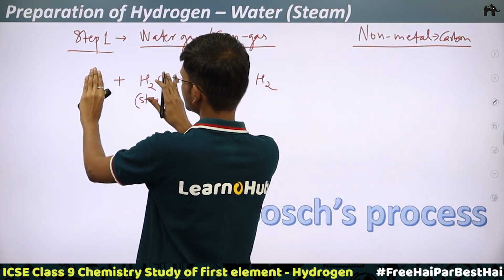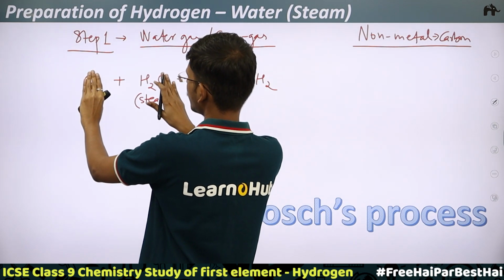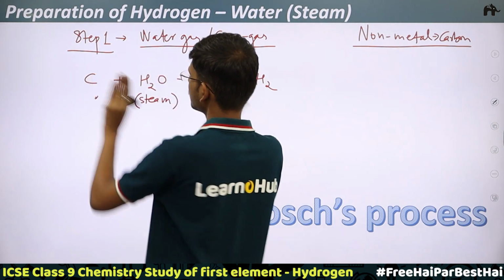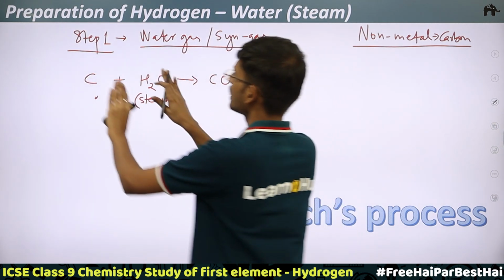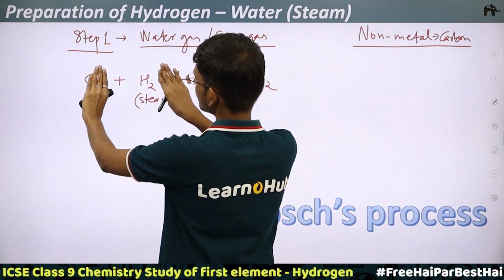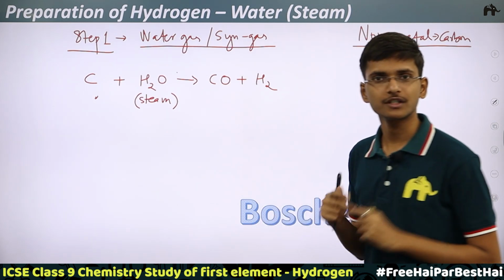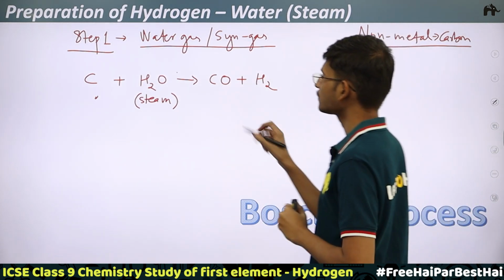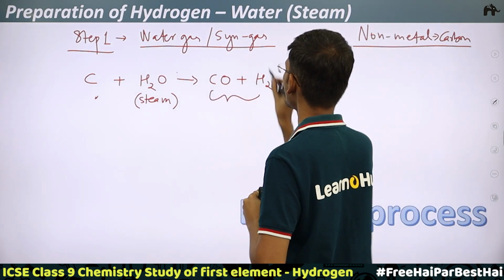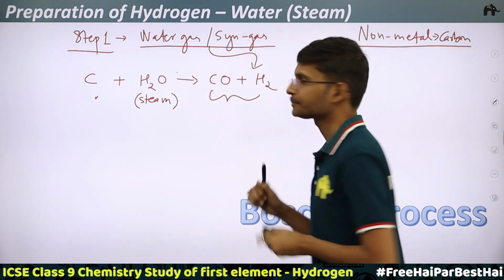Carbon is telling oxygen, let's shake hands, and they combine to form carbon monoxide. So one carbon and one oxygen combine to form carbon monoxide, and what is remaining is just hydrogen. So carbon monoxide and hydrogen are produced, and this mixture of two gases is called water gas or syngas.